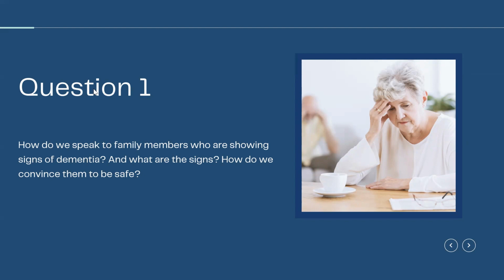I know that at the Forensic Center, we've had several cases where clients tend to leave the stove on, and there are safety devices on the market that turn off the stove after a few minutes of being left unattended, as well as other things. So I think part of the conversation with family members is making them aware of those resources or devices that can help a little bit in situations like this.